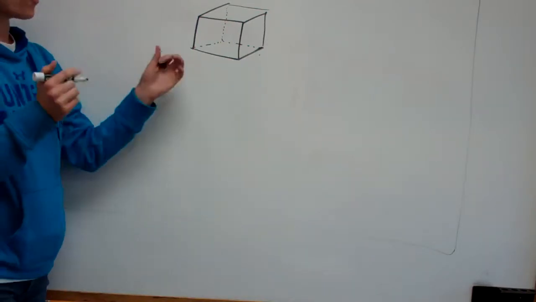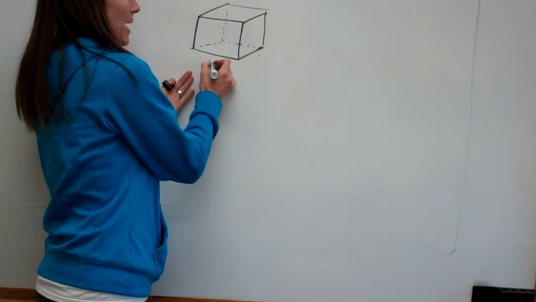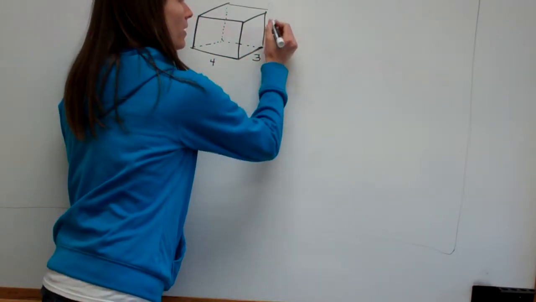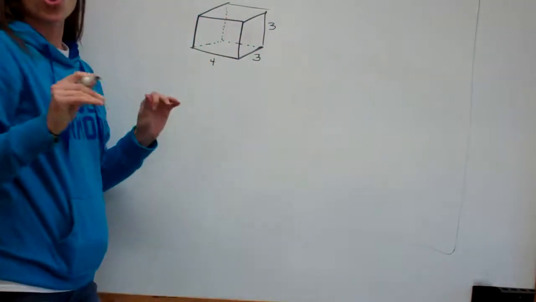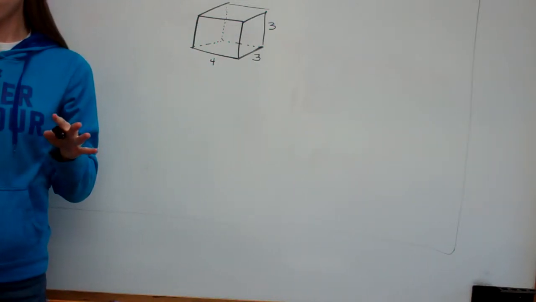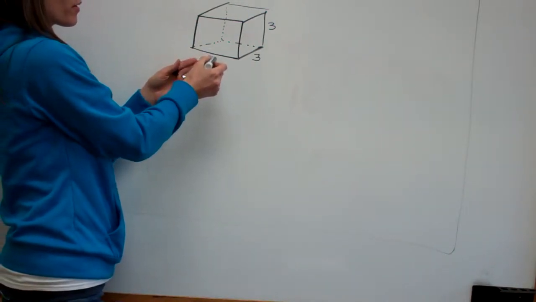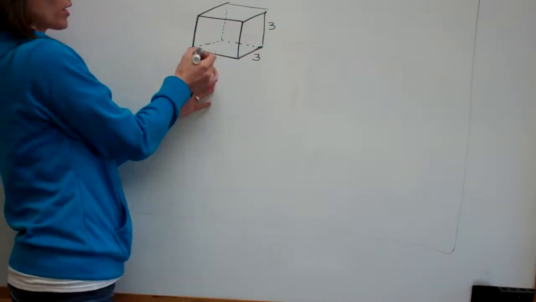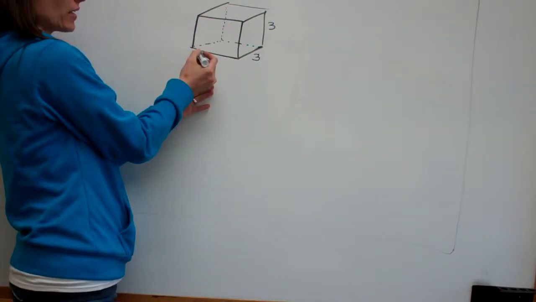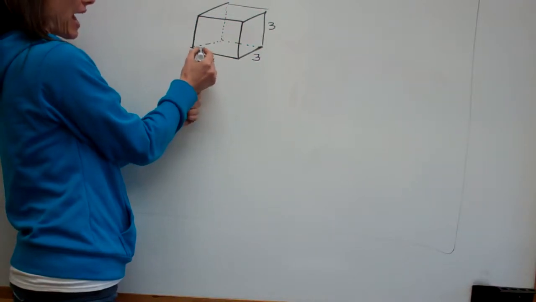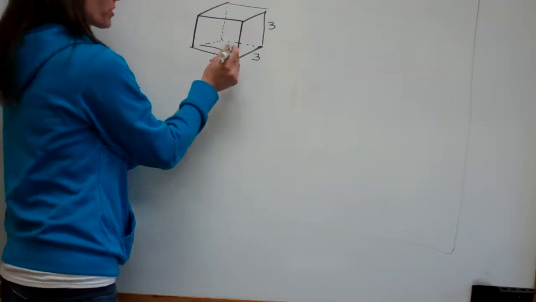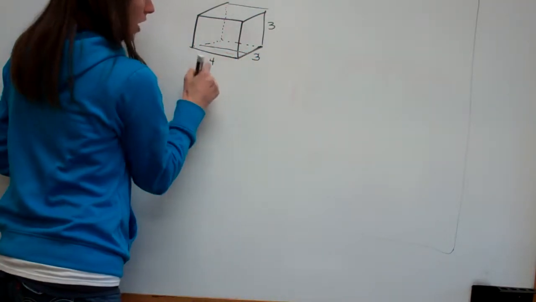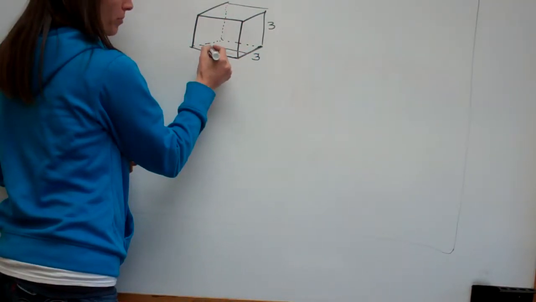Now, let's say I put a 4 here, and a 3 here, and a 3 here. What is this telling me? Close. Three layers. I'm going to have a row of how many? 4. So pretend with me.